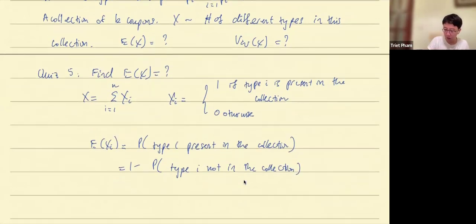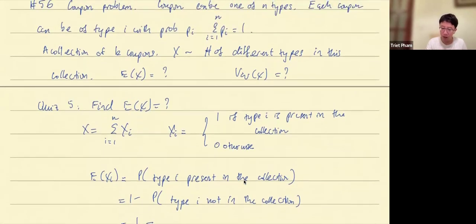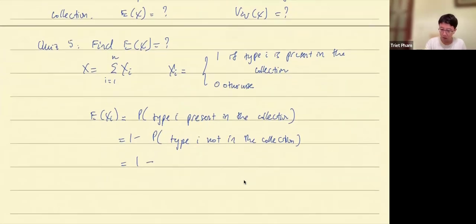And this will be 1 minus what? Each coupon can be of type i with probability pi. So all coupons must be not of type i. There are k coupons total. So that's the probability.